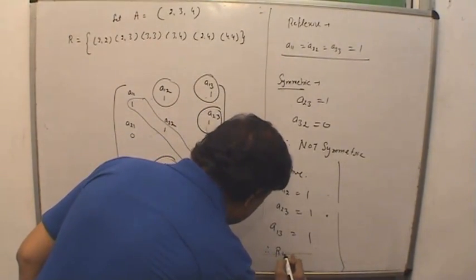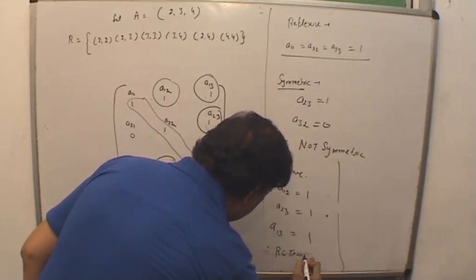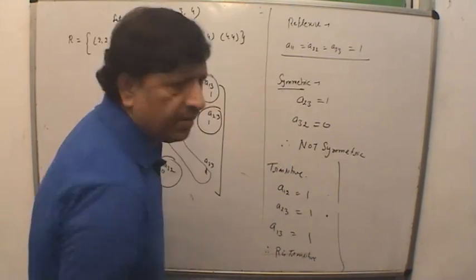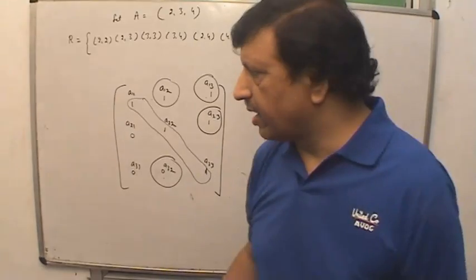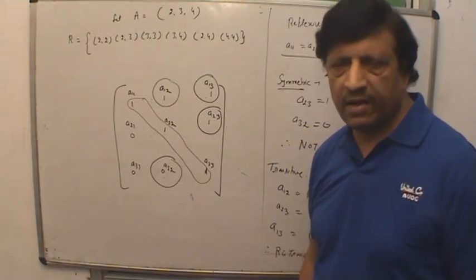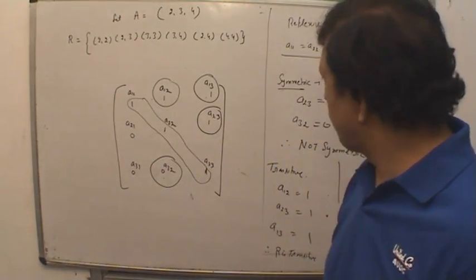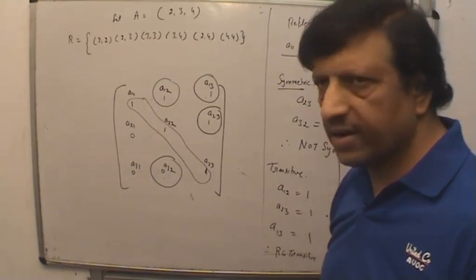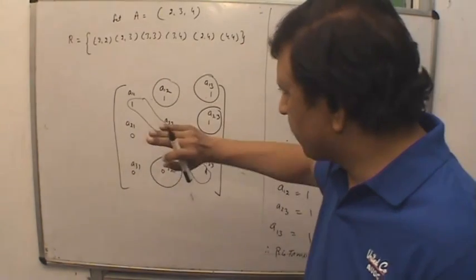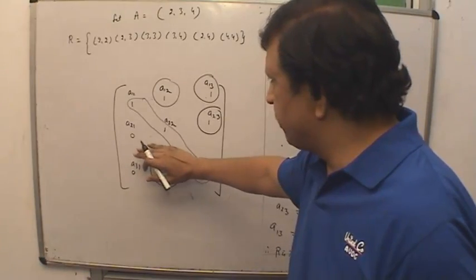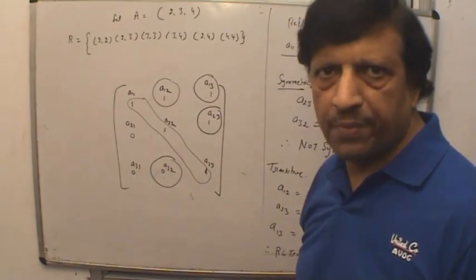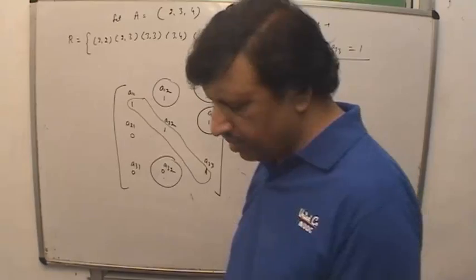Therefore, R is transitive. In that way, we can convert a relation into the matrix form, and again we can check the same properties, reflexive, symmetric and transitive, or we can convert a matrix relation into the ordered pairs relation. That's about the relations.